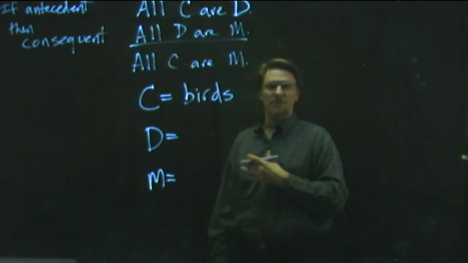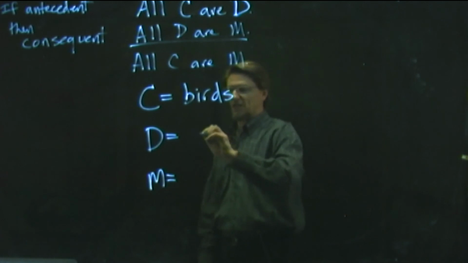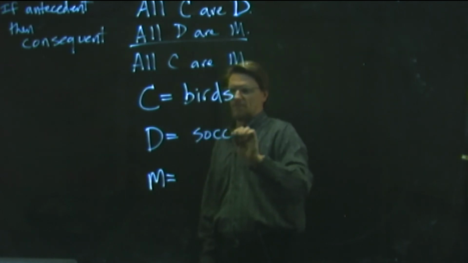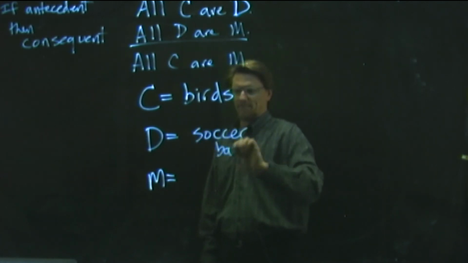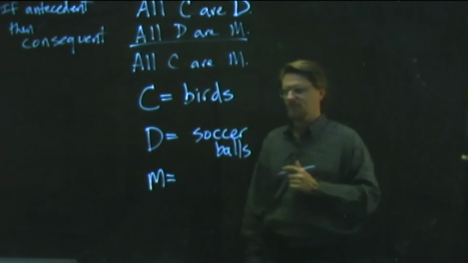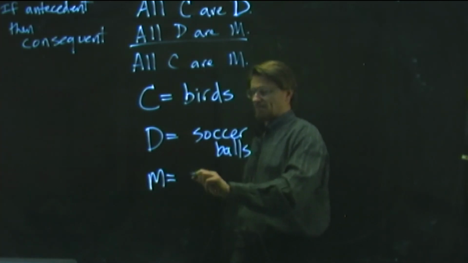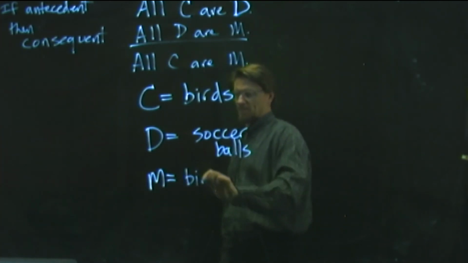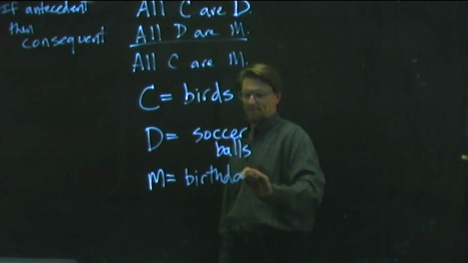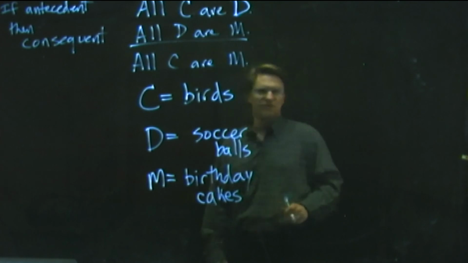And then we can pick something entirely different, something completely random, we might say soccer balls, for example. And then finally here we plug something else in for M. Birthday cakes, for example.